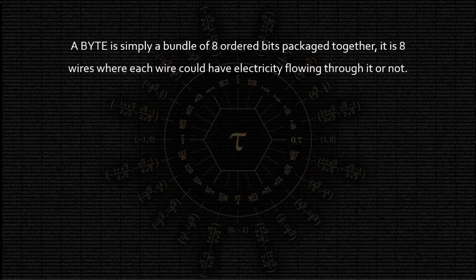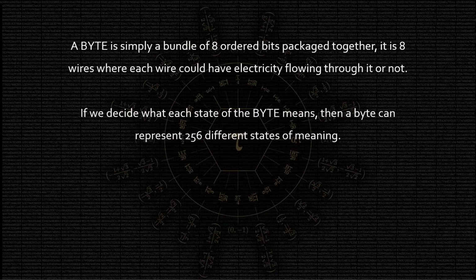So that last bundle we talked about has a specific name, and that's a byte. A byte is simply a bundle of 8 ordered bits packaged together. And so you can think of it as just 8 wires next to each other, where each wire could have electricity flowing through it or not. And because a single byte can be in 256 total different states, if we decide what each state means, then it can represent 256 different states of information.